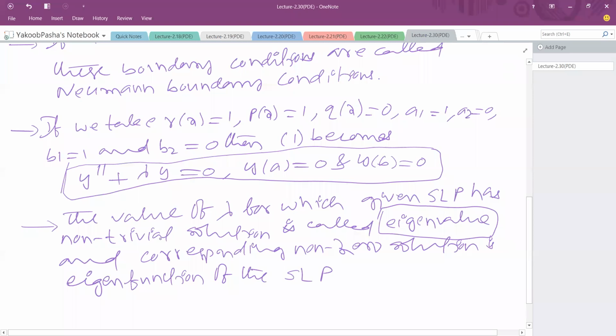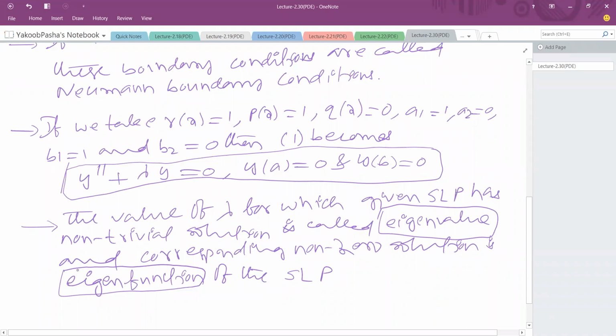The values of lambda are called eigenvalues and the non-zero solutions are called eigenfunctions. The problem will be: find the eigenvalues and eigenfunctions of the SLP. First we find for which values of lambda there is a non-trivial solution.